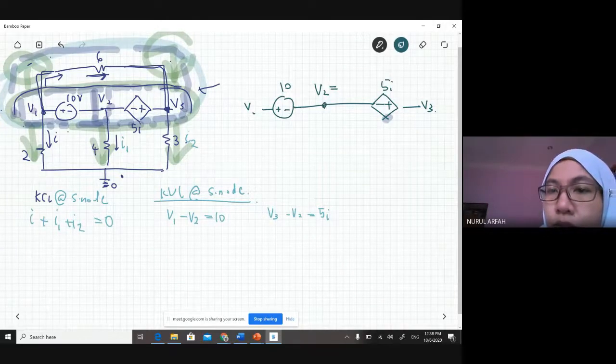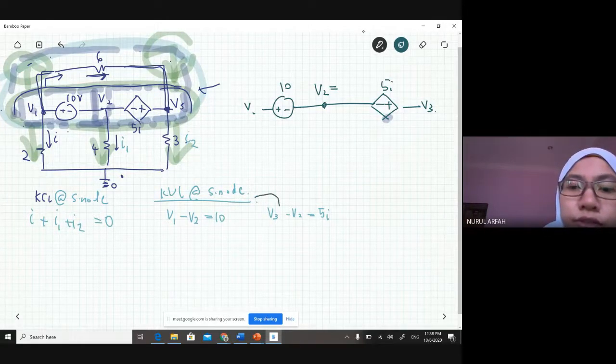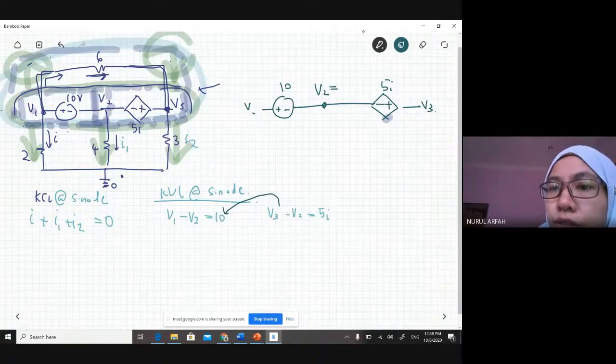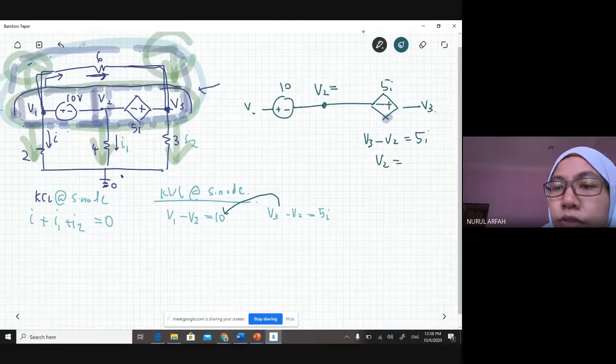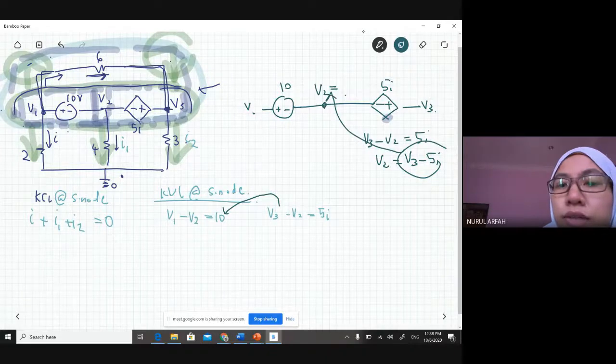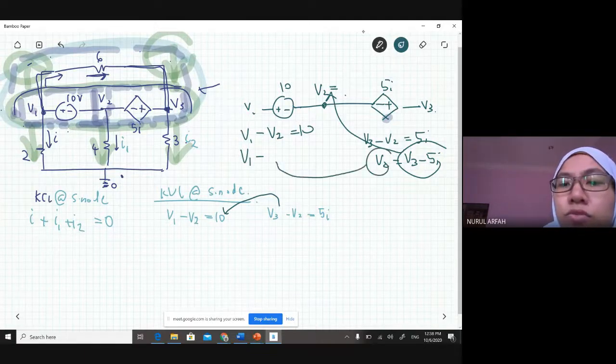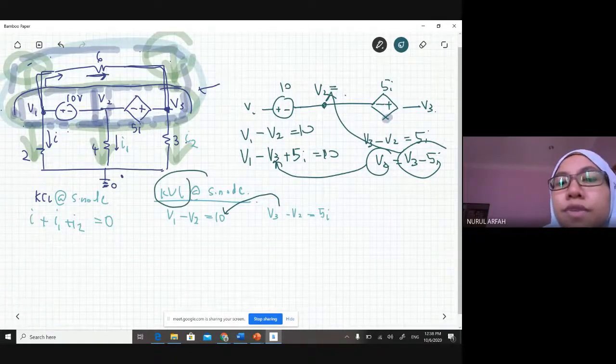If you consider only one, so that one equation is into here, let's say you have V3 minus V2 equal to 5i, then what is V2? V2 is equal to V3 minus 5i, right? So you put this into V1 minus V2 equal to 10, then V1 minus V3 plus 5i equal to 10. Then you have one equation for this KVL, which is this part.